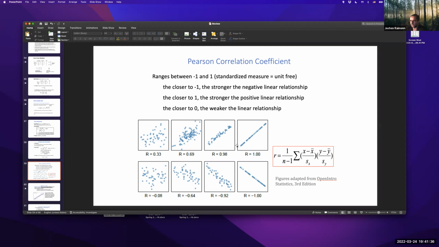So it is a value from -1 to +1. Please make sure that you understand that the strength is independent of the sign, meaning that a value closer to -1 is as strong as the corresponding positive value. So this is not an R squared, it's the correlation coefficient.